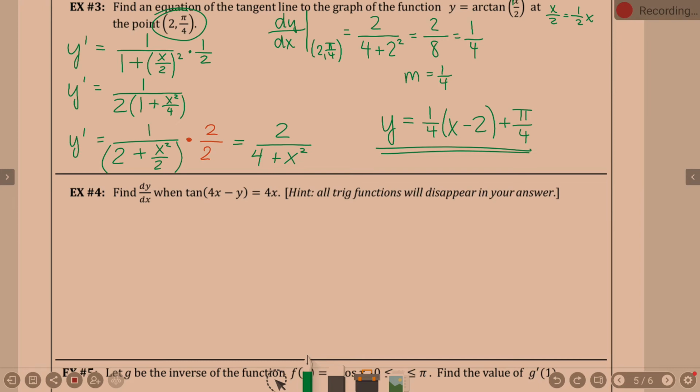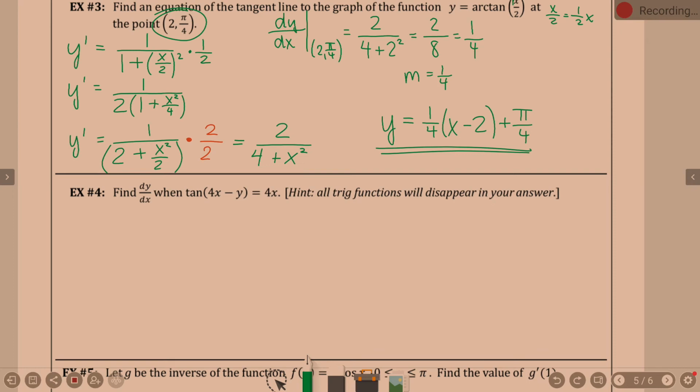And any equation, as long as you are consistent and what you do to one side, you do to the other side, we can do that, right? And so what we're actually going to do is, the hint here, the trig functions will all disappear. Okay, well, what will undo a tangent? And what will undo a tangent is tangent inverse.